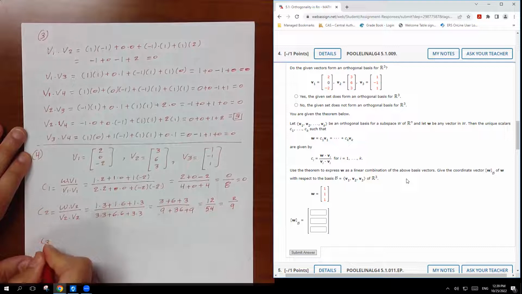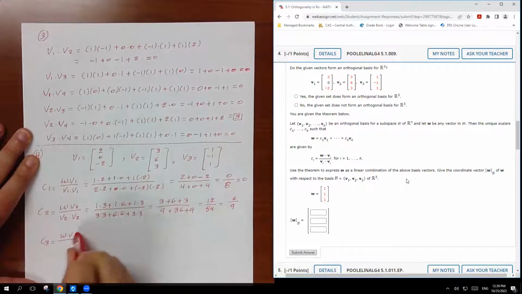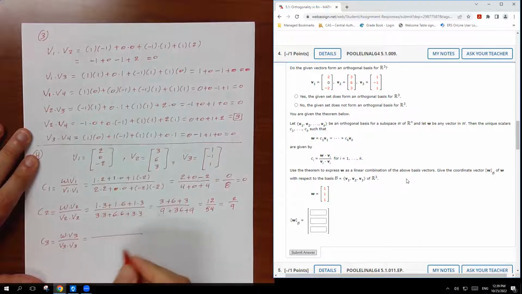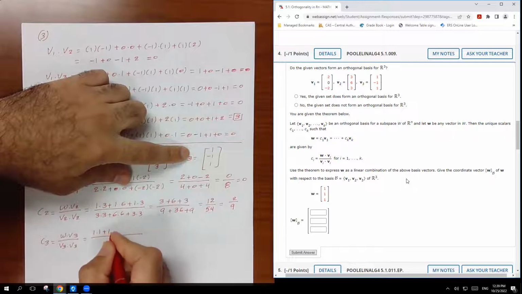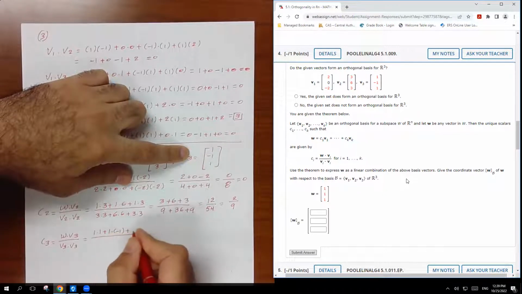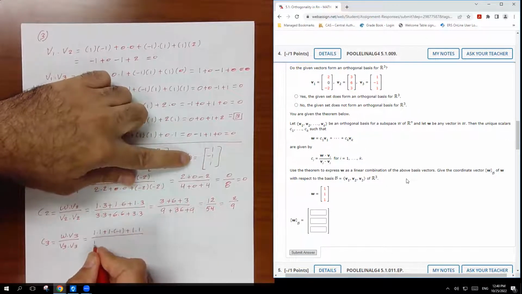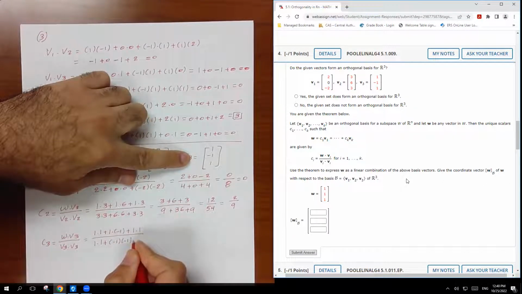The third scalar is going to be the subspace dot product with V3, over V3 dot product with itself. Here is V3, so it's going to be 1 times 1 plus 1 times -1 plus 1 times 1, over V3 dot V3, which is 1 times 1 plus -1 times -1 plus 1 times 1.